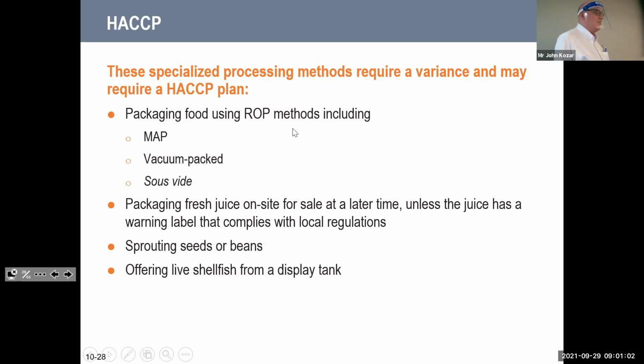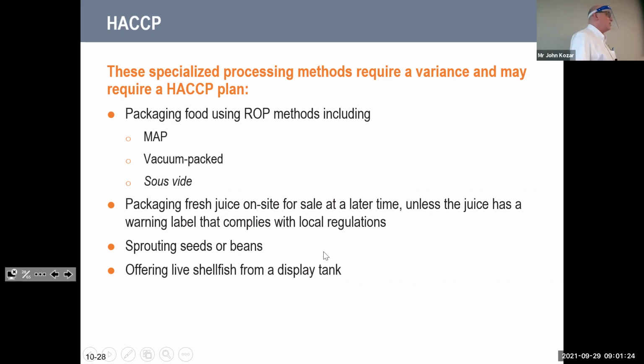If you're packaging fresh juice on site for sale, unless you have a warning label on it, you would need a HACCP plan. If you're sprouting your own seeds or beans, or if you're offering live shellfish from a display tank, usually a tank of lobster, you would have to have a HACCP plan in place.